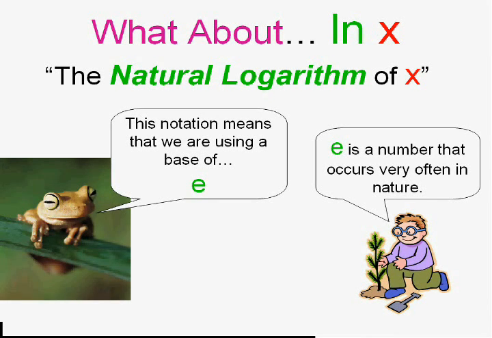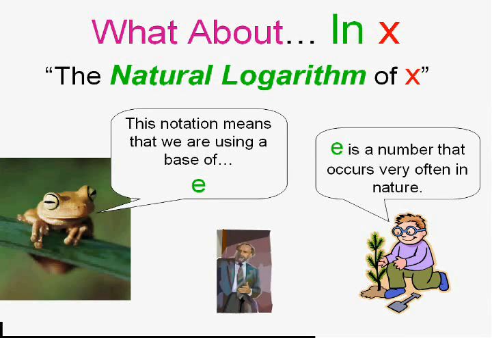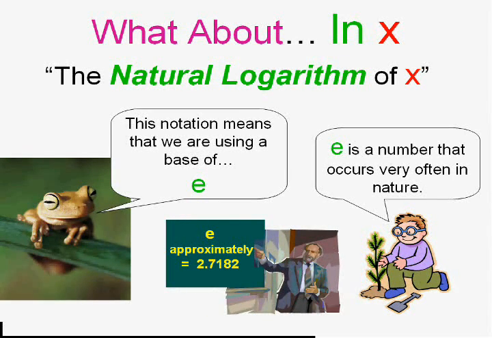But it allows us to simulate many things in nature. Of course, only God can really do anything in nature. But e is approximately equal to 2.7182. It's like pi. It's an irrational number. We can never really write it down. So we just say e. So the natural logarithm has a base of e.